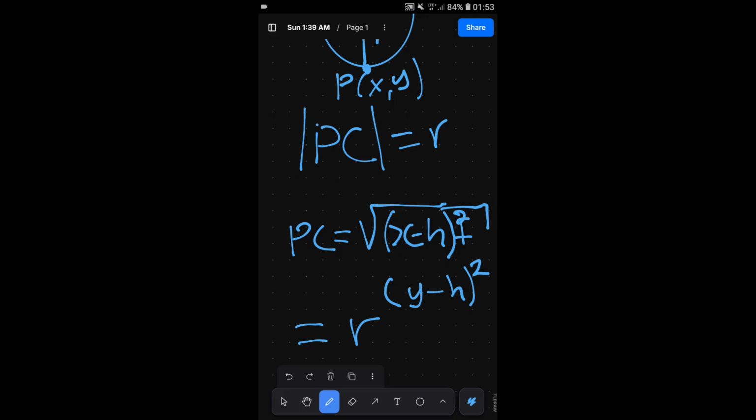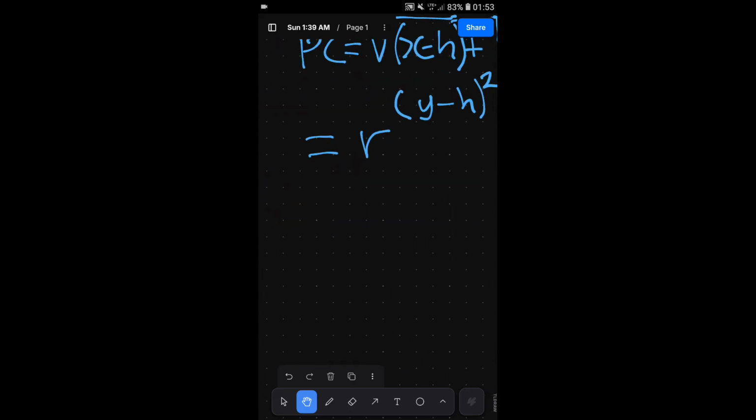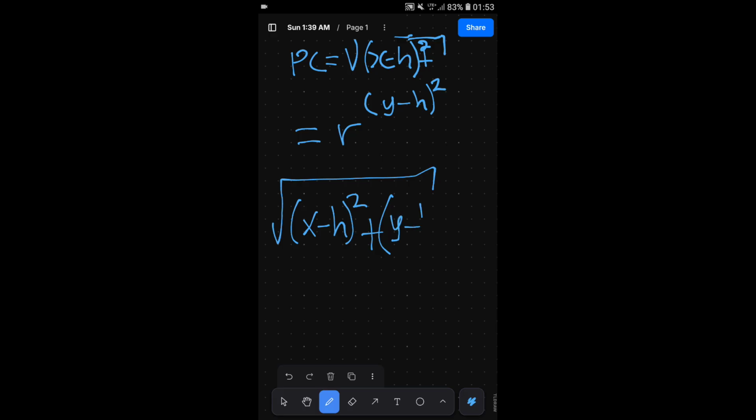So basically we're saying that the square root of (x minus h) squared plus (y minus k) squared equals r.